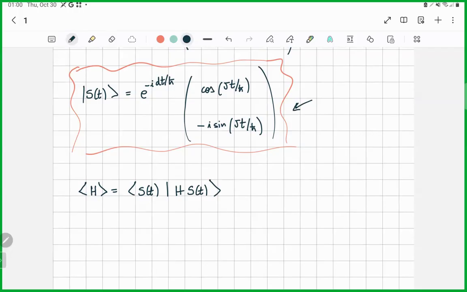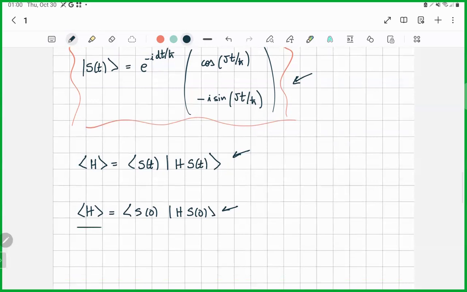The problem here is to find the expectation value at any time, but we could say specifically find the expectation value at time 0, for example. Well, you can do it in general form like this, or you go straight to this. Okay? So let's find this case. How would we proceed? What is the initial state?